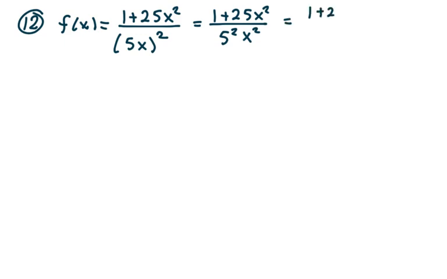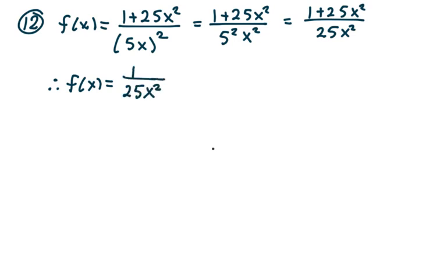So this is 1 plus 25x squared divided by 25x squared. And so therefore, f of x is equal to, I'm going to split the fraction. So I get 1 over 25x squared plus 25x squared over 25x squared, right? And if I go a little tiny bit further, I get 1 over 25 x raised to the negative 2 plus 1.